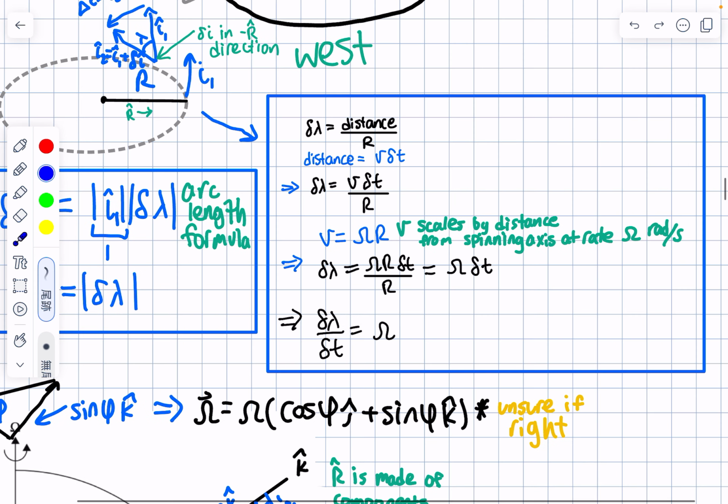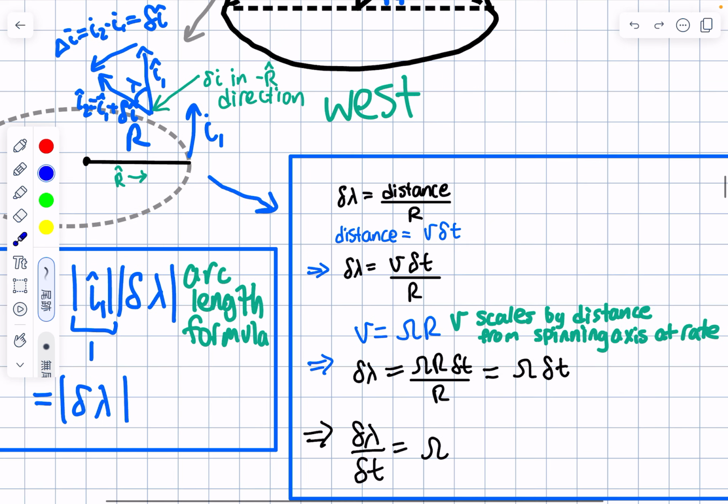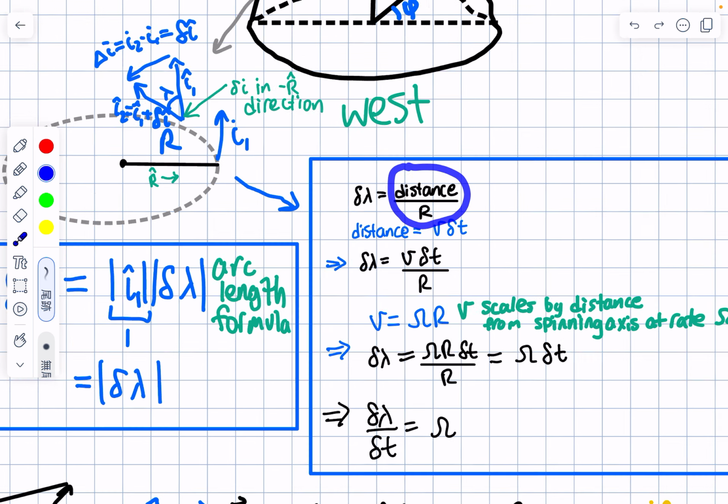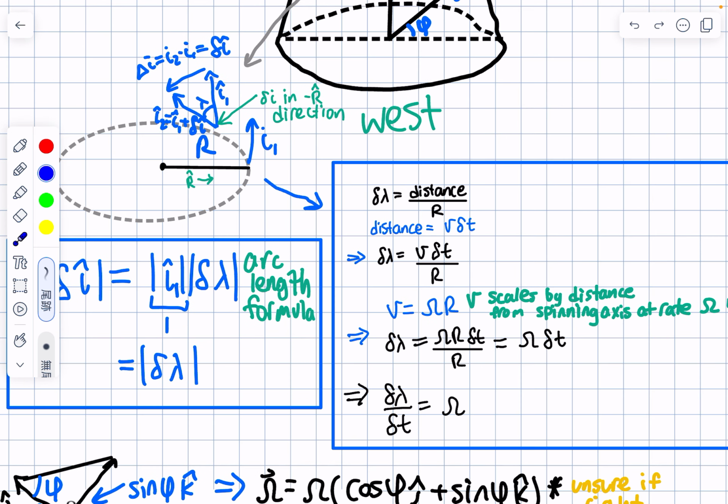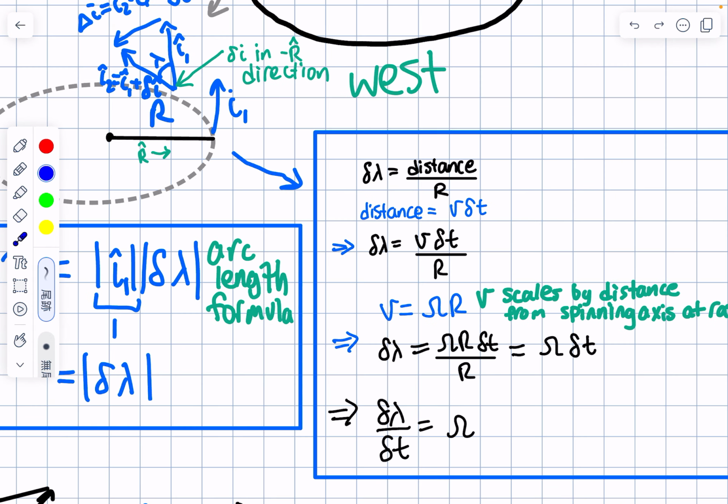The next thing we can do, which we also need for later, is to show that delta lambda over delta t is equal to omega. We start with the fact that delta lambda is equal to the distance away from the center over the total distance R. We also know that distance is equal to velocity times change in time, because velocity equals distance over time.